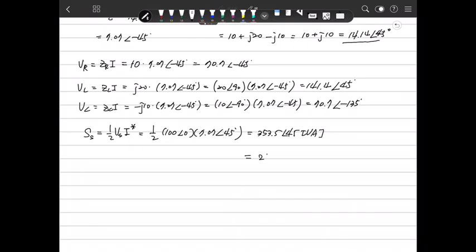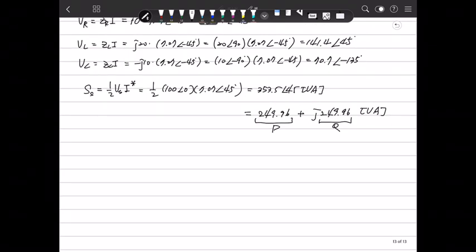That can be represented in rectangular form as 249.96 plus j249.96 VA. This is P and this is Q.